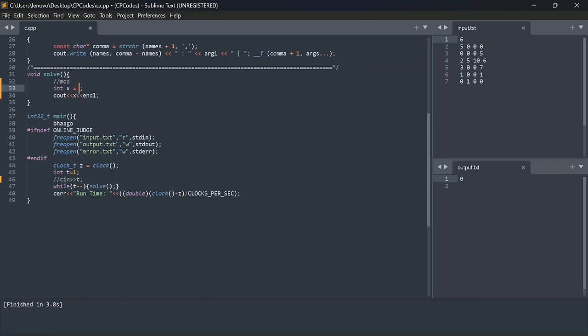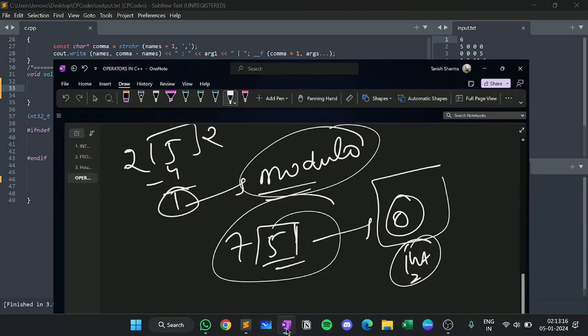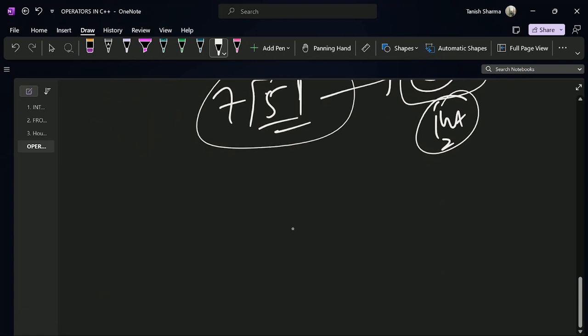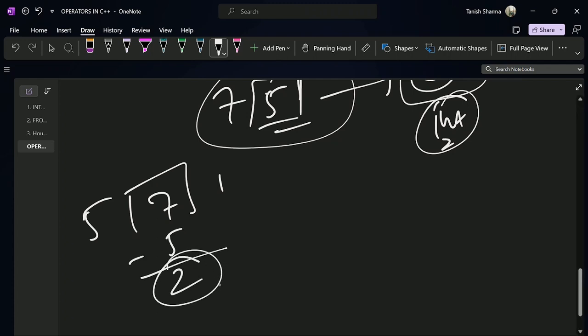So what if I divide 7 by 5? I am expecting the remainder to be obviously 2. Okay, so we just got the remainder 2. And if you really want to see this, you can go like 5 divided into 7, it will divide it 1, and we will eventually be getting this as the remainder.